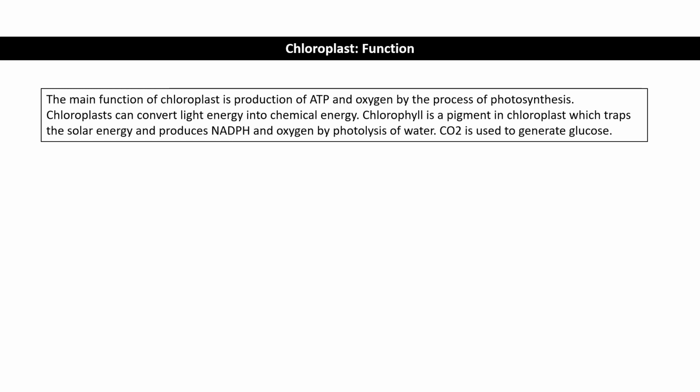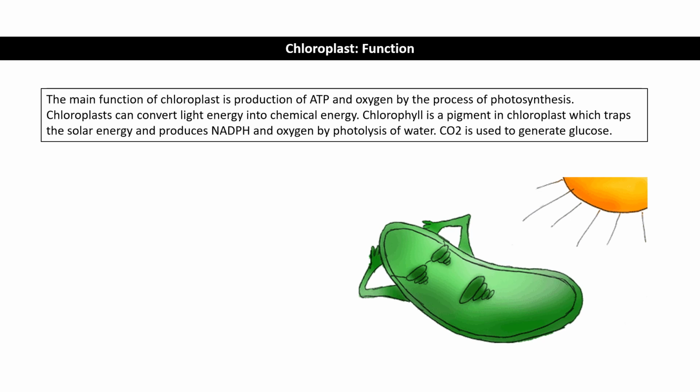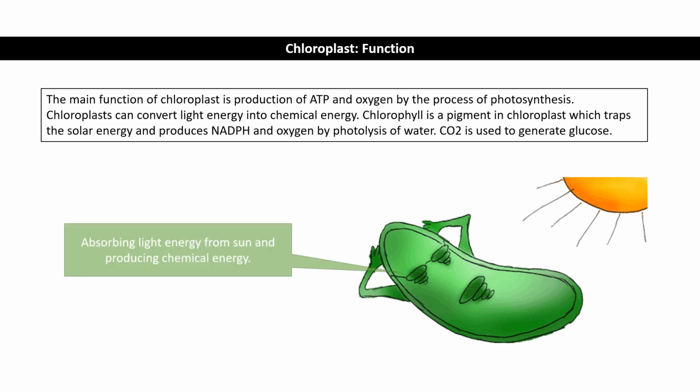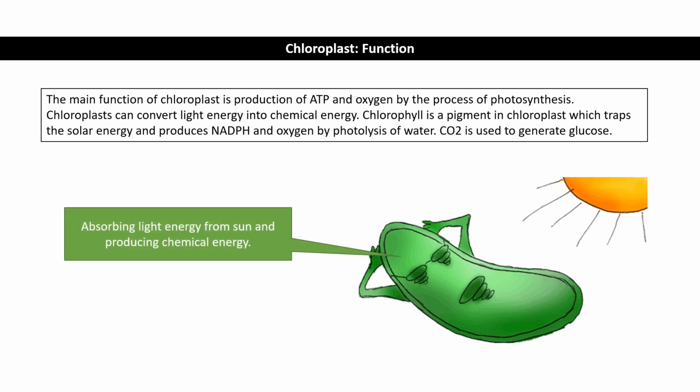Carbon dioxide, which is absorbed from the air, is used to generate glucose. Now here is a simple picture of a chloroplast absorbing the solar energy and producing chemical energy in return.